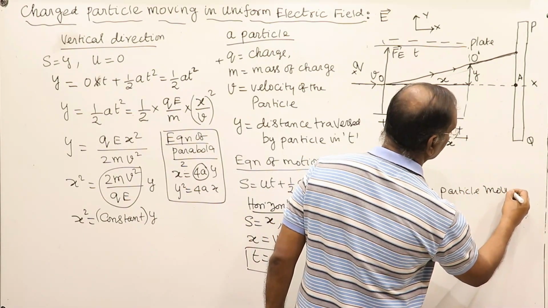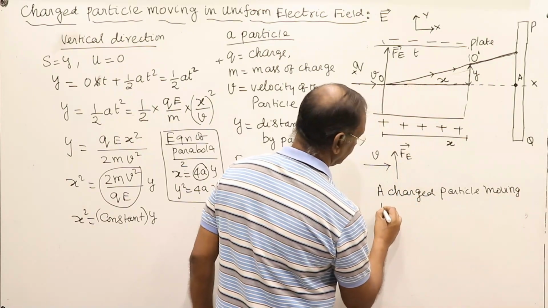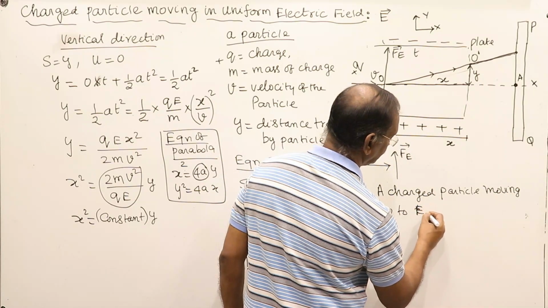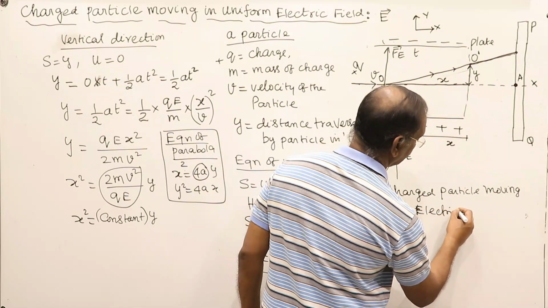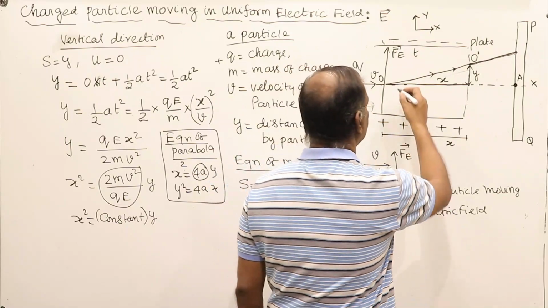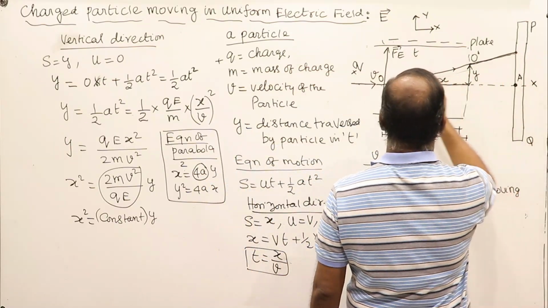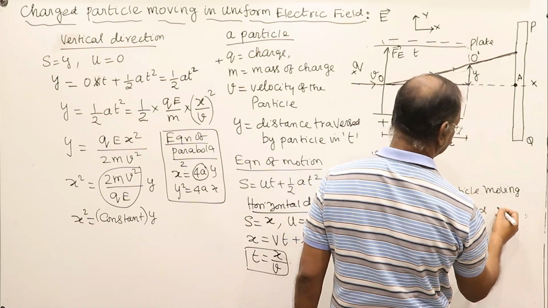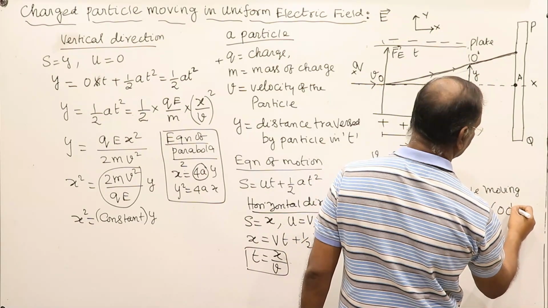A charged particle moving perpendicular to an electric field will follow this path, which is the path of a parabola, that is O dash.